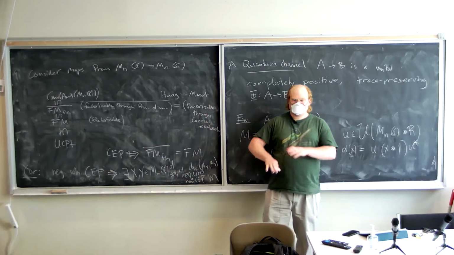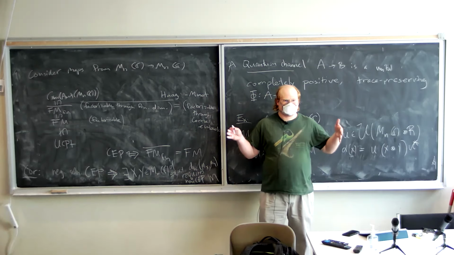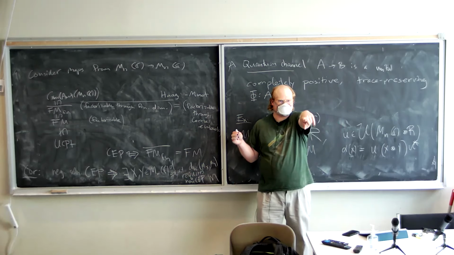So if you only use Connes-embeddable M, you'll get a strictly larger estimate for the distance.